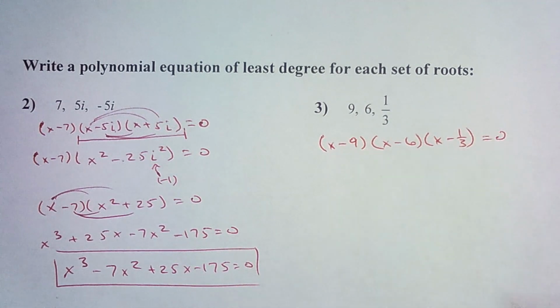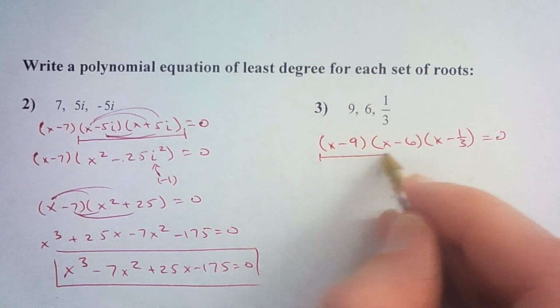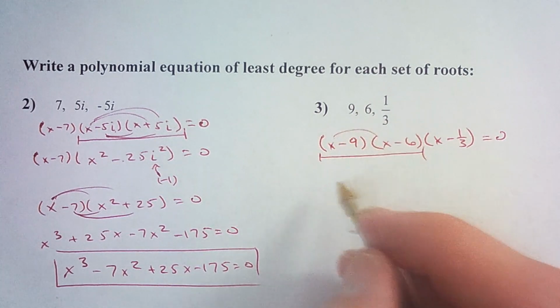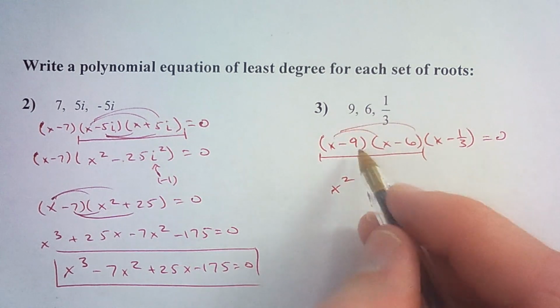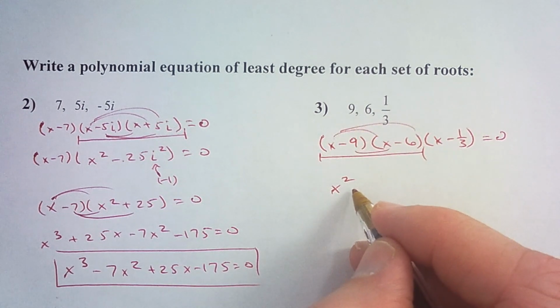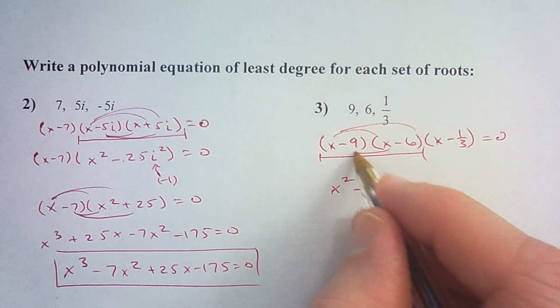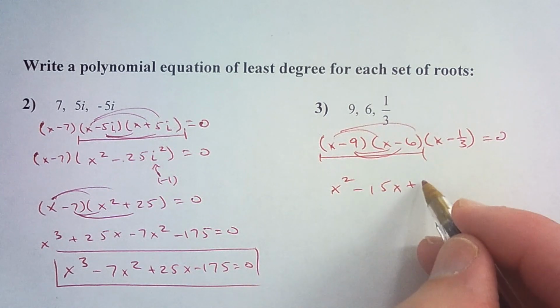I will deal with the fraction at the end, so I'll do these two first. So I have x squared minus 6x minus 9x, that's minus 15x, plus, and then 9 times 6 is 54.